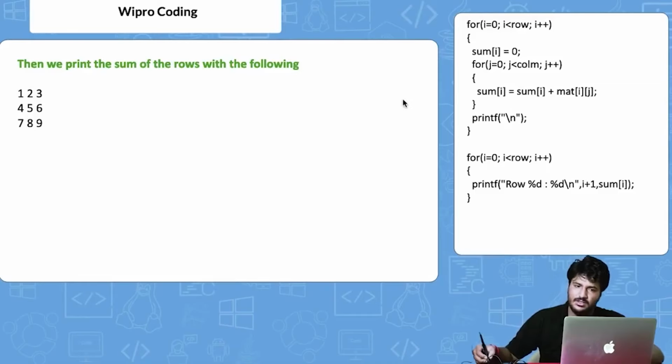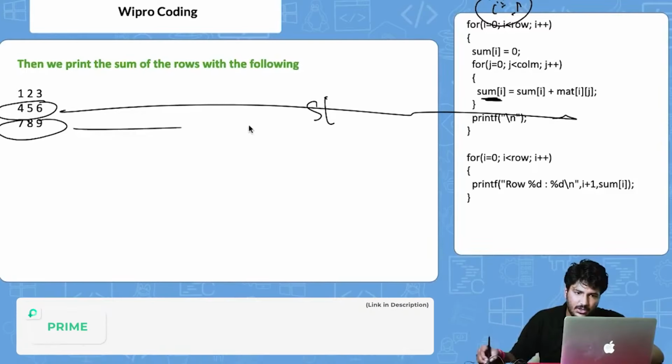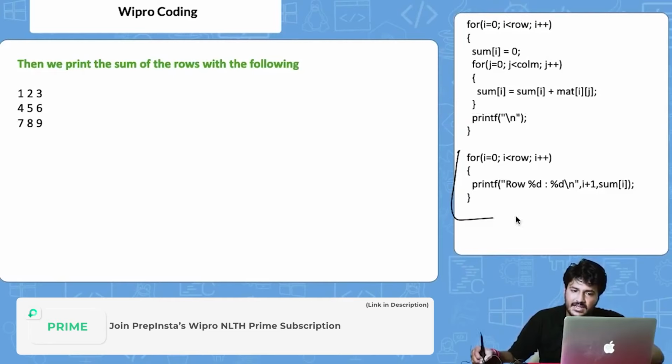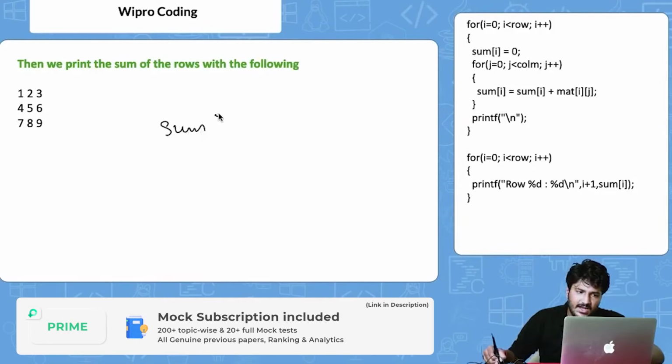This is already stored. Then the same thing will happen for sum of i. Now the i value is iterated to 1, right? The same thing will happen, and this will get stored in sum of i. All this will get stored. Finally, we are running a for loop to print this sum of i.